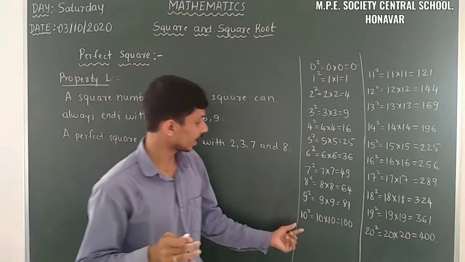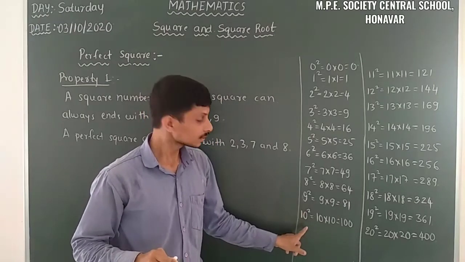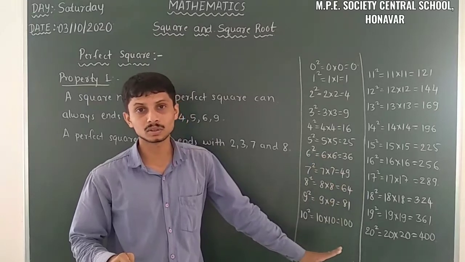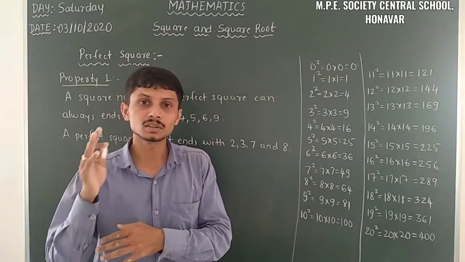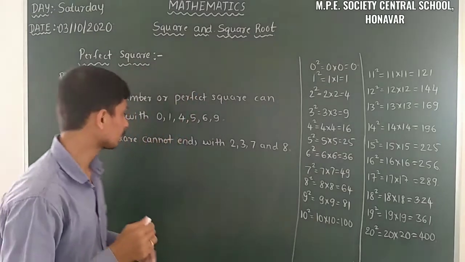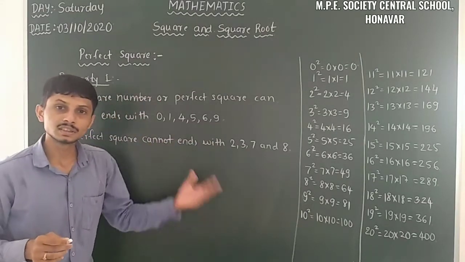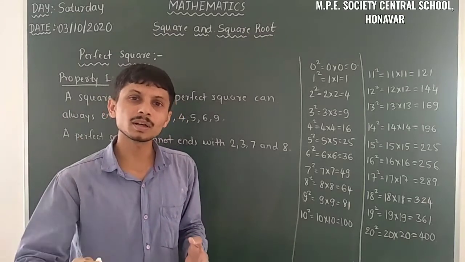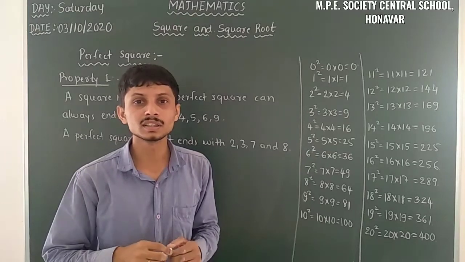So here we have 10, where the number also ends with 0, and its square number also ends with 0. So a perfect square ending with 0 means the number itself ends with 0. For example, 10, 20, 30, 40, 50, 60 like that. The number ends with 0, whose perfect square also ends with 0.